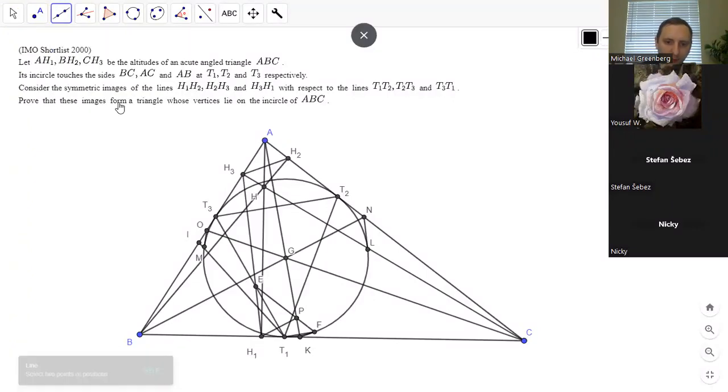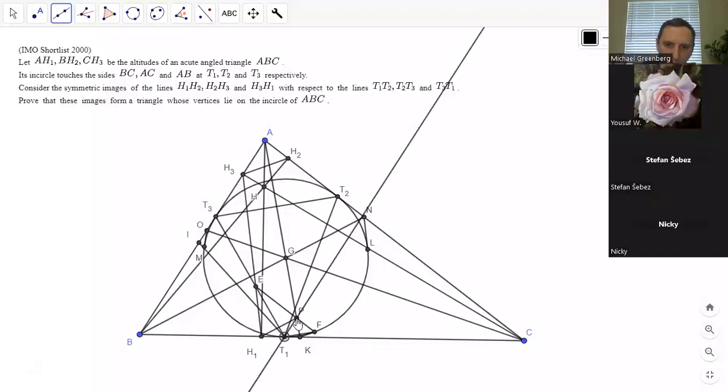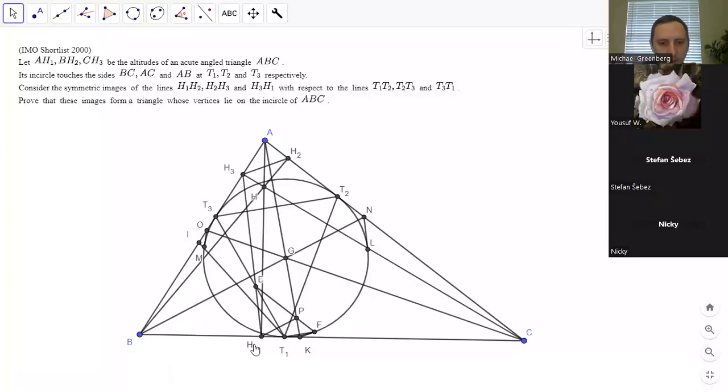I think we're really close. Let's see. So should I just hide a whole bunch of stuff in this diagram?